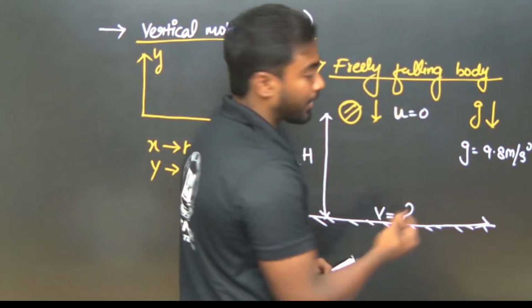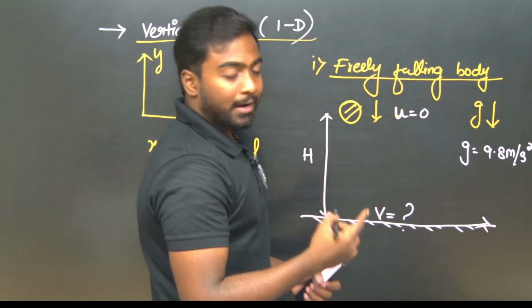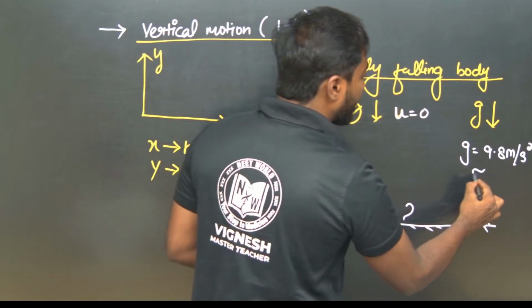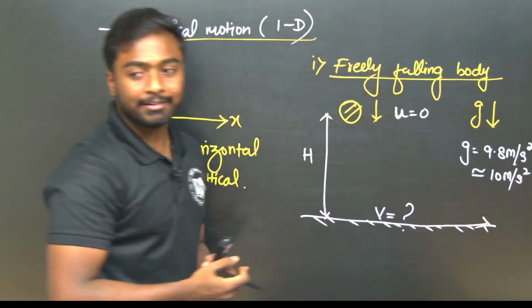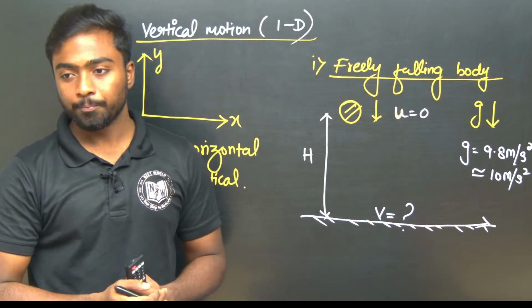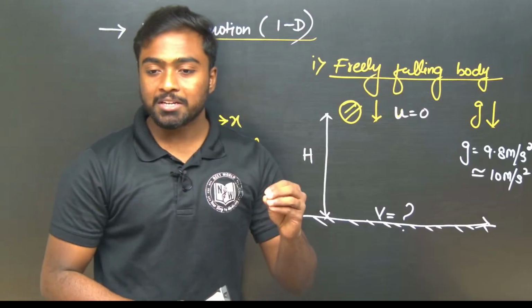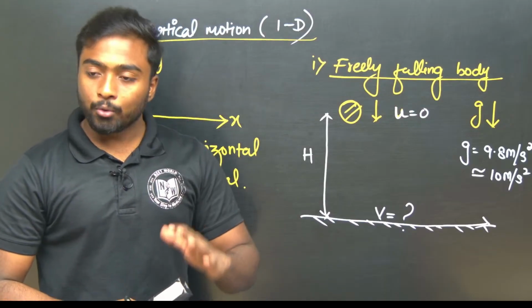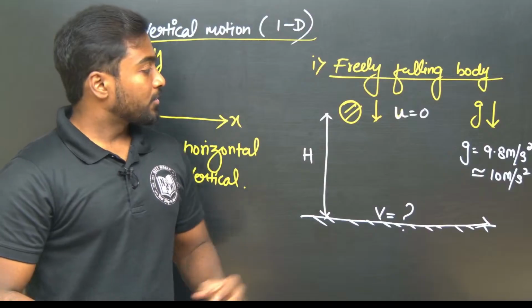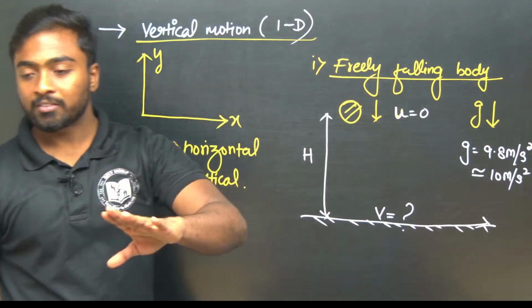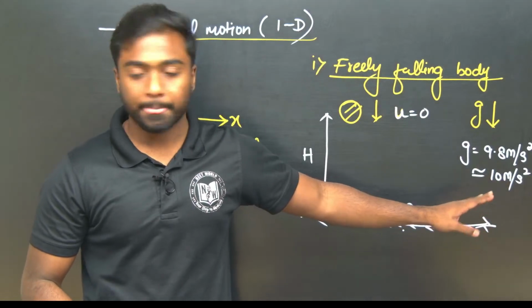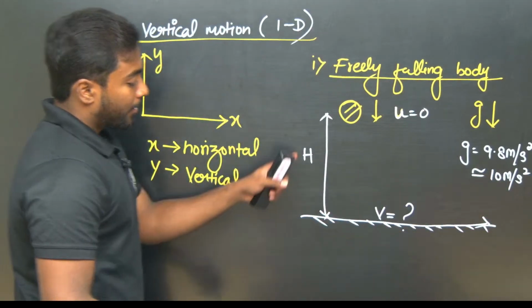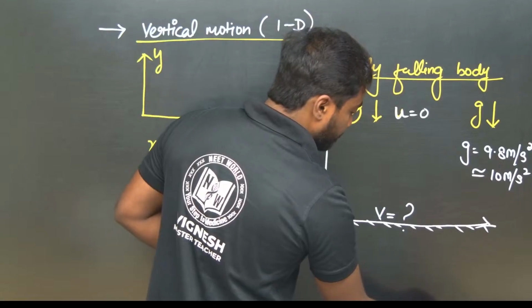This is the value, but in problems we will approximately take 10 meter per second square for calculation purposes. If a question mentions use 9.8, use 9.8 only. If they have not mentioned it, you can take 10 meter per second square. Right, now I will write the equations here.